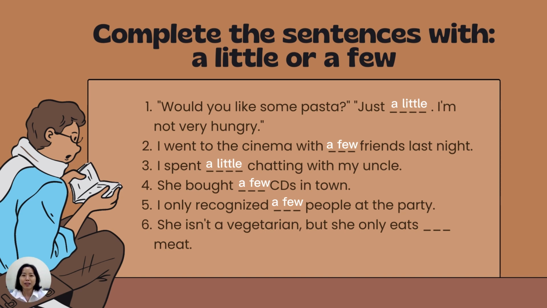Maybe yes, by a tool, but we cannot make it one meat, two meat, three meat. Maybe some slices, yes, but if we only use the word meat, we refer to it as an uncountable noun. Very good. So she only eats a little meat.